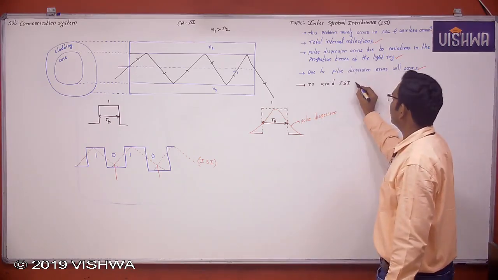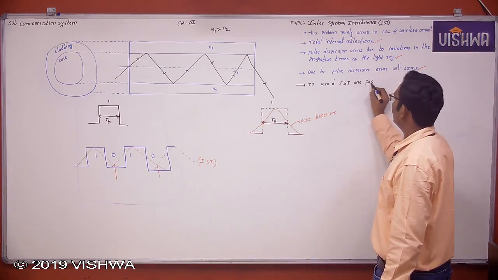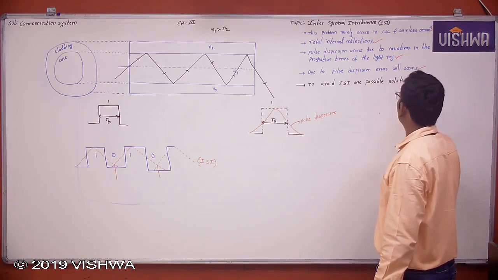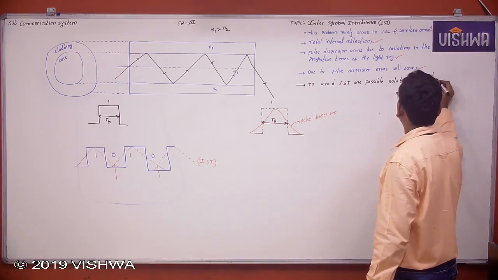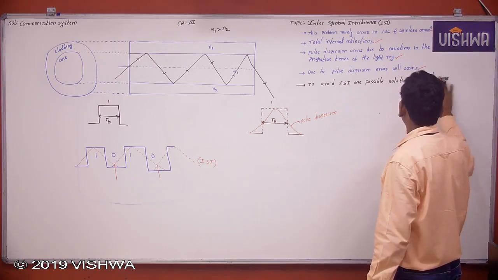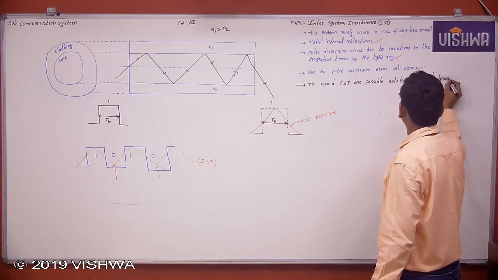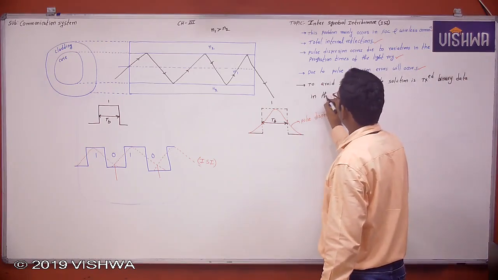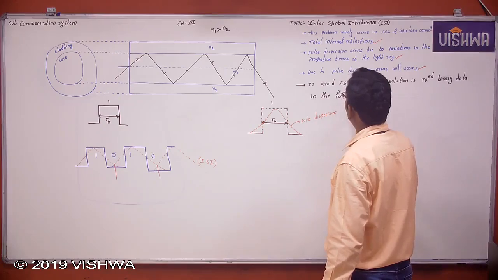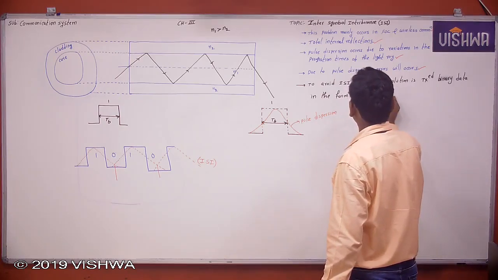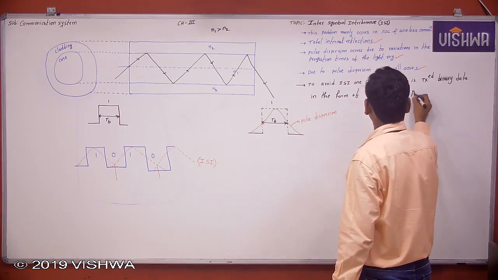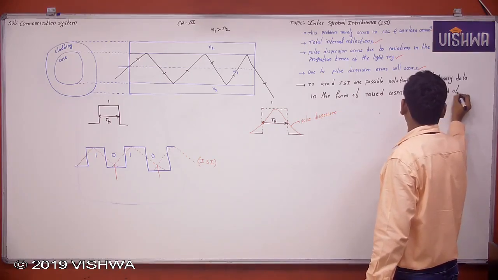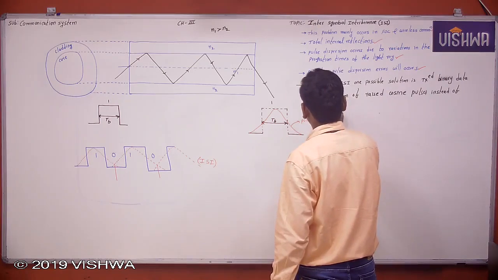One possible solution is to transmit binary data in the form of raised cosine pulses instead of rectangular pulses.